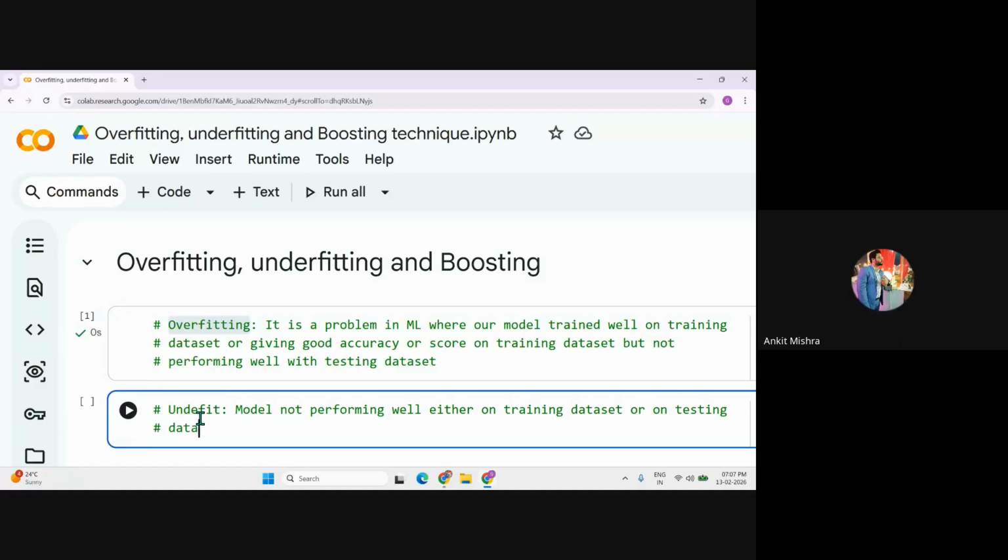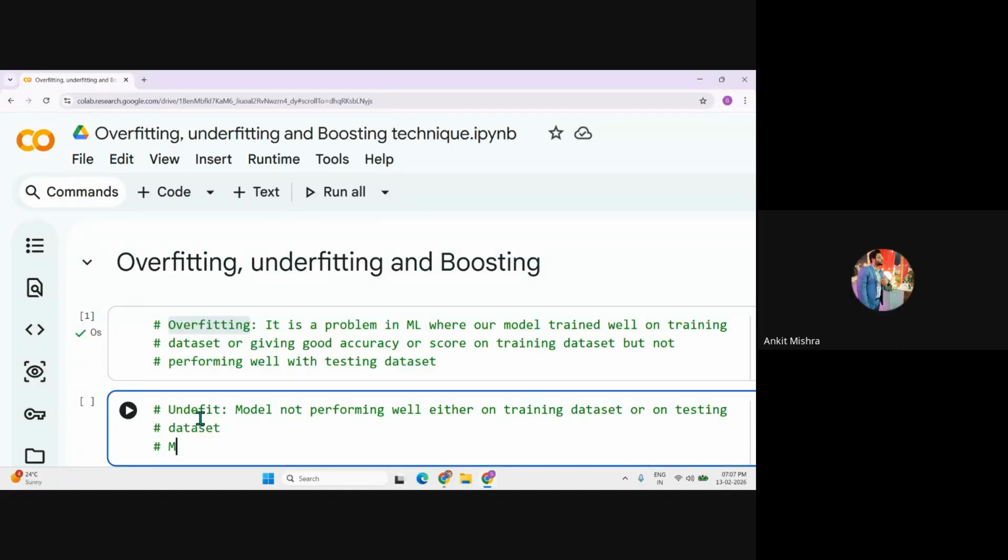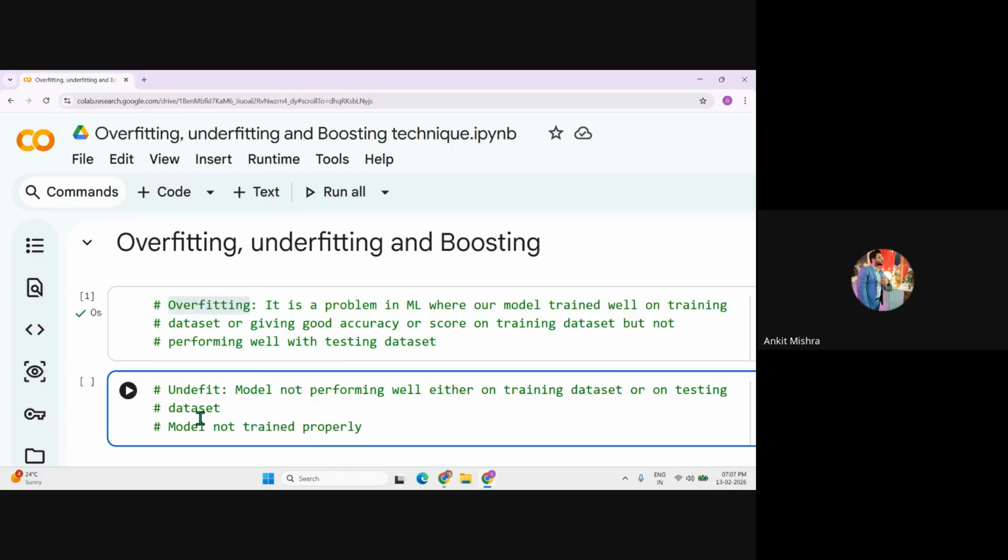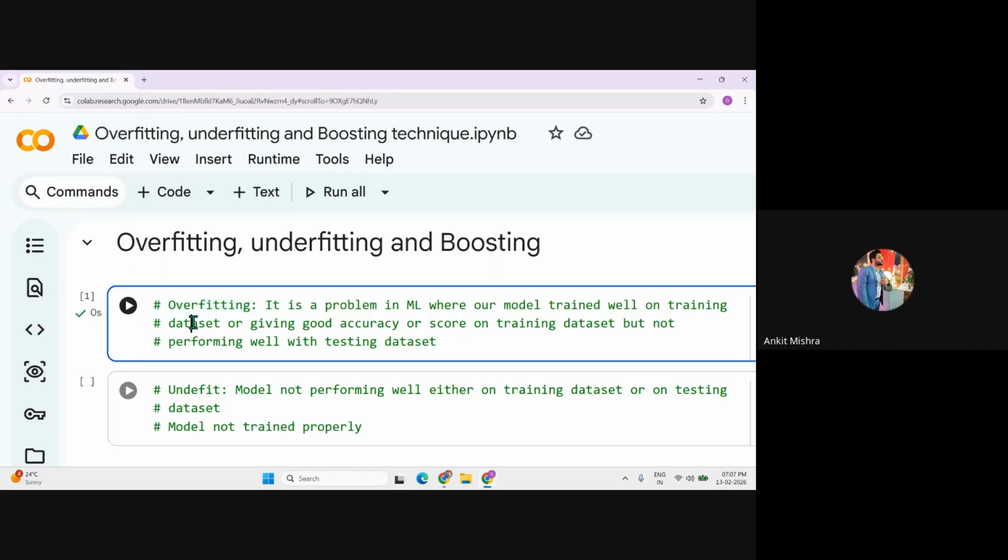It's like the model did not learn properly. The ML model is not trained properly. So while training a model, we generally run into these problems, underfit and overfit.